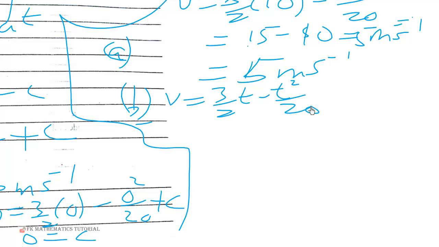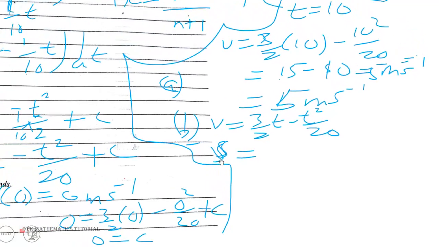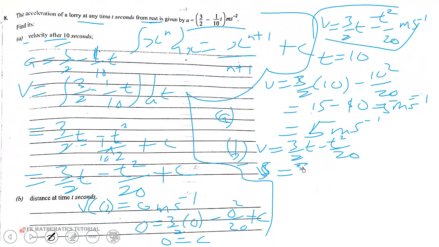When we integrate this one, we are going to get s, which is the distance or displacement. So we have 3 over 2 times t squared over 2, then minus t exponent 3 over 3 times 20.